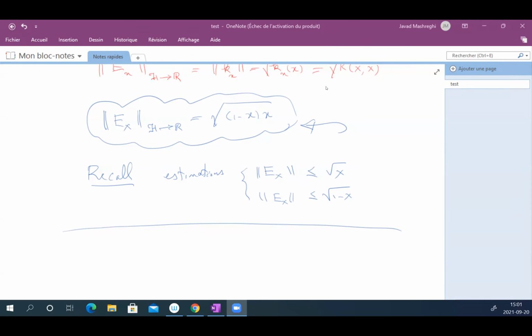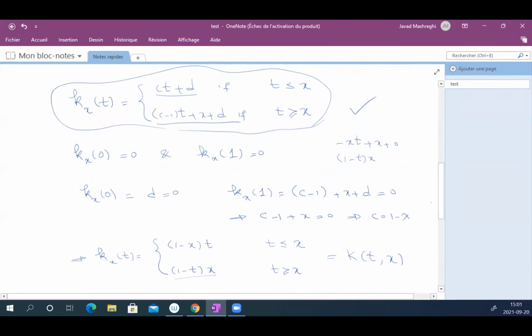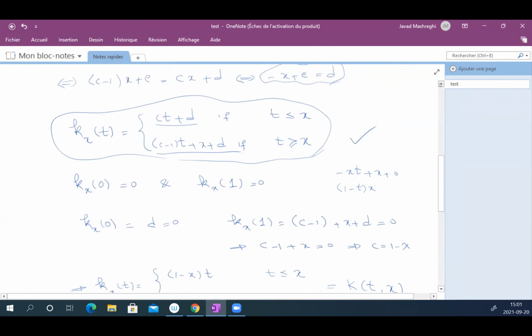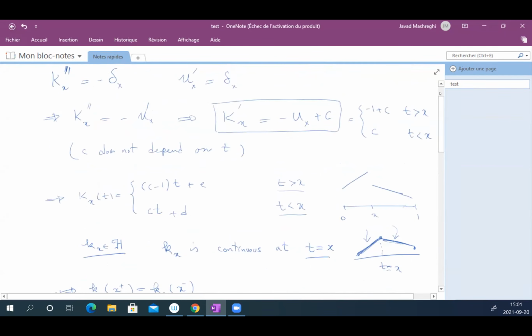Okay, thank you indeed. So before going to the second example, I would like to highlight that kxt given by this formula is the general solution of the equation that we saw above.